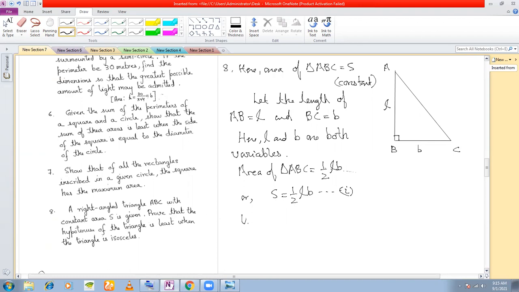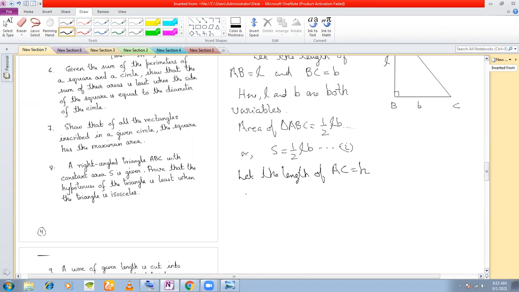Okay, so let the length of the hypotenuse be h. Therefore, from Pythagoras theorem, h square is equal to L square plus B square, right? Now see, we have h square here. If I want to optimize small h, I have to optimize h square.